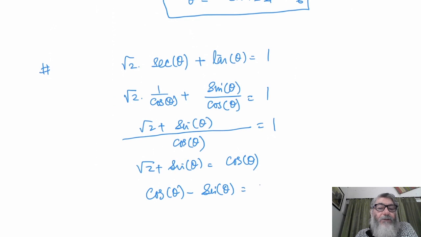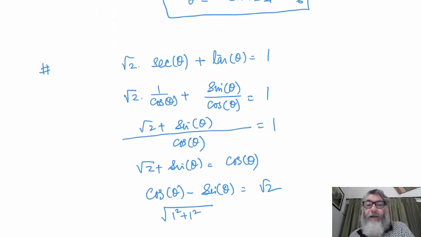We don't want to change root 2 into minus root 2, though we can do that, but I don't want to do that. And now again, the coefficient here of the cos theta is 1 and sine theta is 1. So again, 1 square plus 1 square, that will be under root 2. We'll divide the expression by root 2.